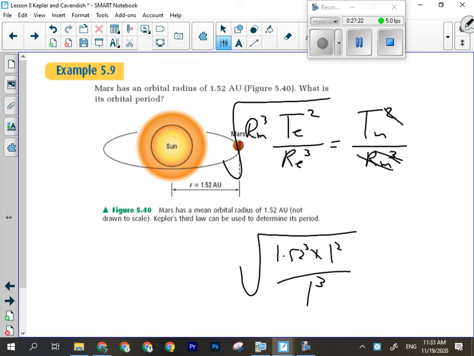Because remember, Earth's numbers are 1 year and 1 astronomical unit. What's 1 squared? What's 1 cubed? So if you can do the square root of 1.52 cubed, you will have the orbital period of Mars, in years. Orbital period of Mars. All right.